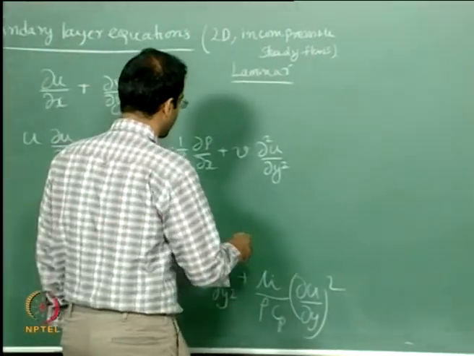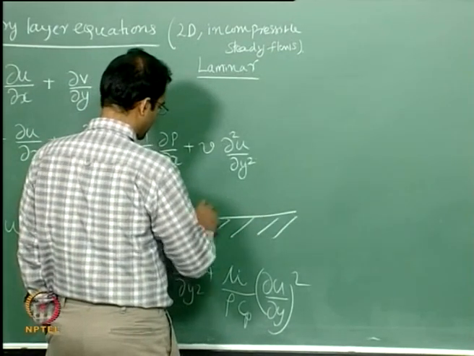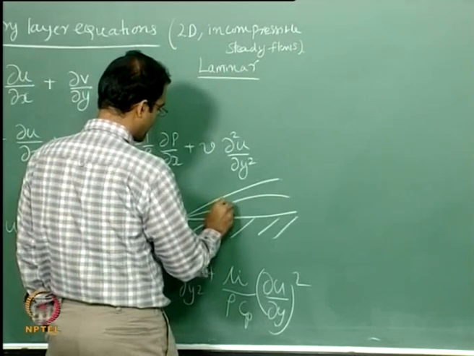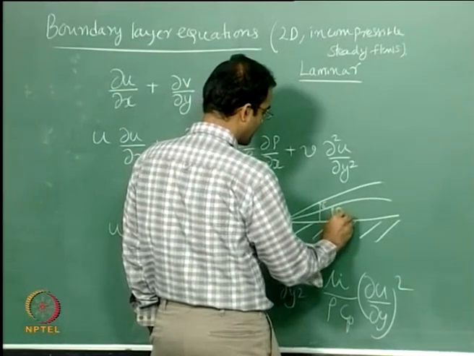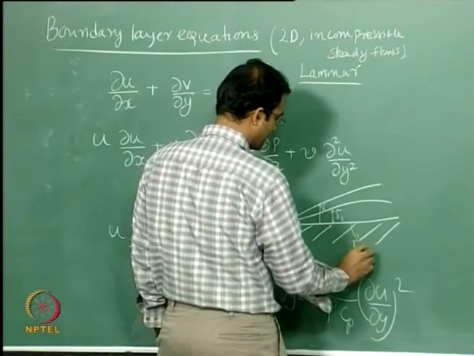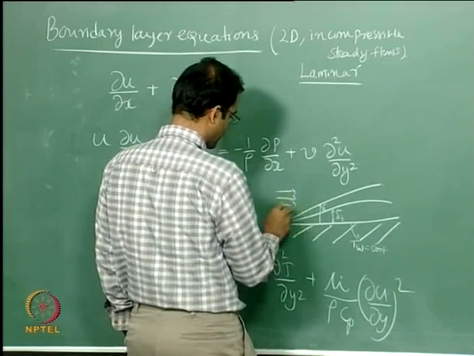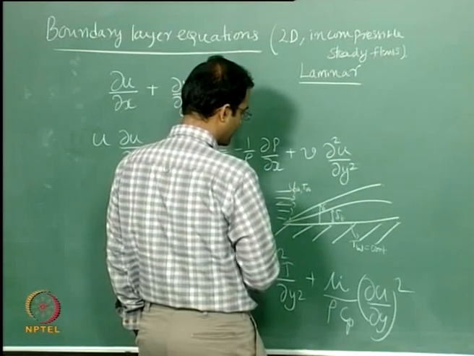Say we take the case of our flat plate. Like yesterday, we have a momentum boundary layer of thickness delta, a thermal boundary layer of thickness delta T, and the wall is maintained at a constant temperature, and you have a flow u infinity, T infinity.